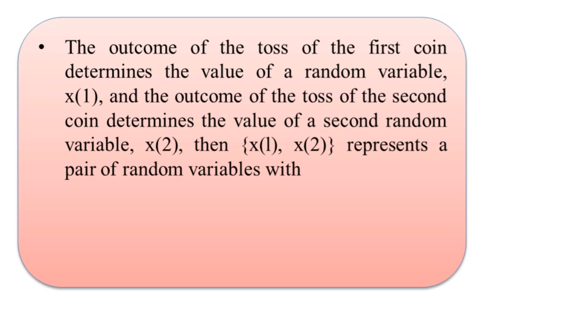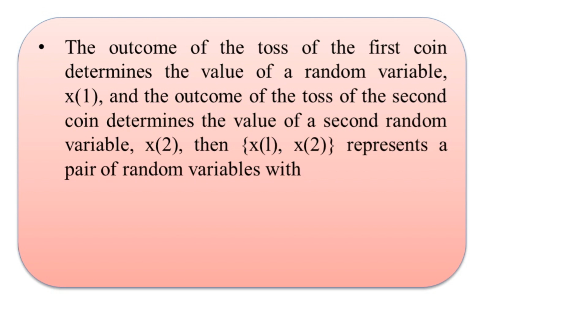Similarly, for the toss of the second coin, that results in either head or tail, we can represent x(2). So the net outcome of this complete experiment that involves the two coins, we can represent within curly brackets as {x(1), x(2)}.